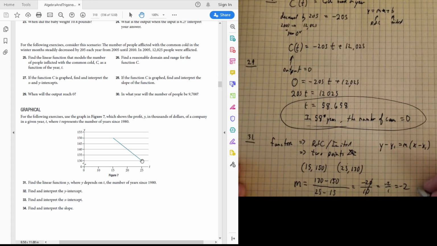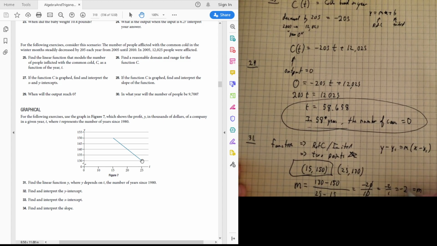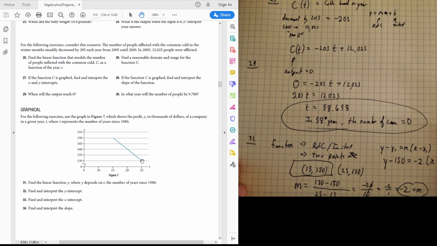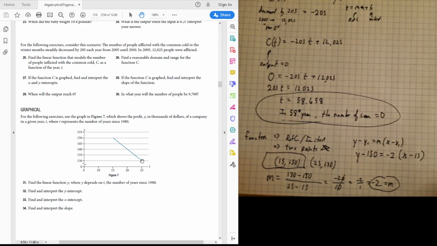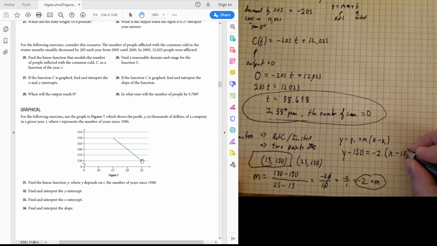Again, this is going to be my slope. And now I'm going to use one of these points to plug in for x1 and y1. In this case, I'm going to use this one. And my slope, I'm going to plug into my formula. y minus y1 equals m times x minus x1. And then lastly, I'm going to take the time to actually figure out the other equation.